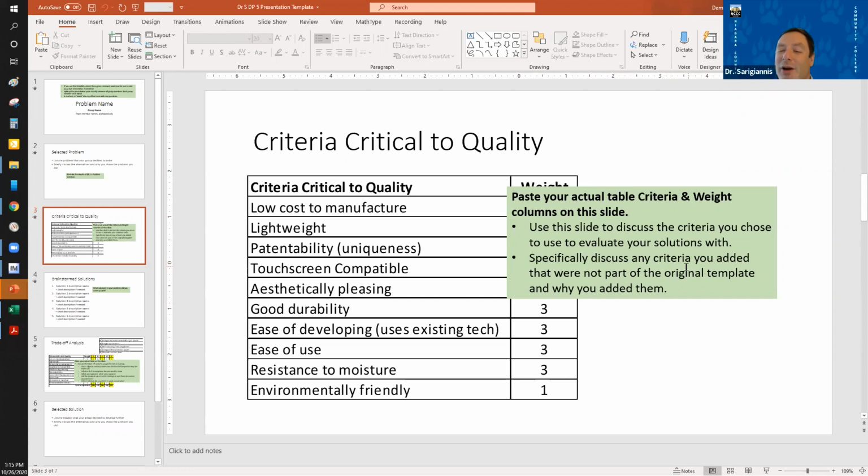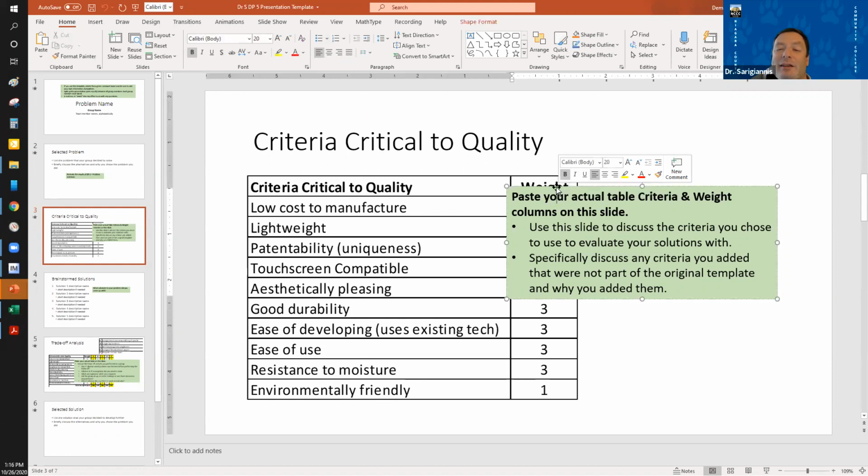What are the criteria you added, especially the ones that were not part of the original template? Why did, like I had a template that had all these on there, right? You guys submitted tables that had some different criteria on them. Maybe point out some of the ones that were important to you, right?